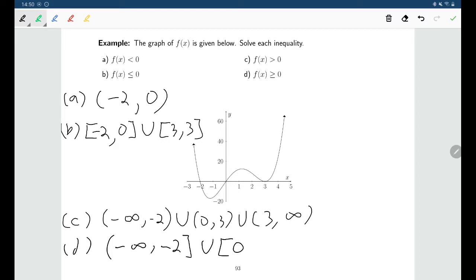Because if you notice here, once we get to x being 0, at every point afterwards we're either above the x-axis or at the x-axis. So in other words, that whole interval of everything that's 0 or larger is a place where we are at or above the x-axis. So I would say from 0 onwards.